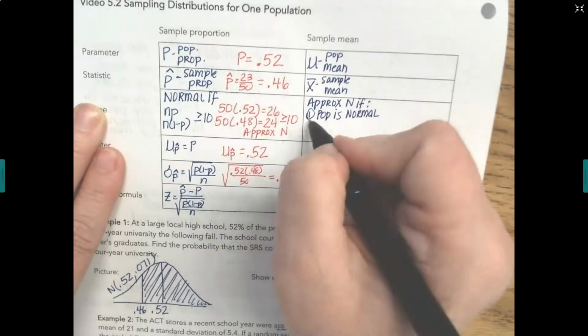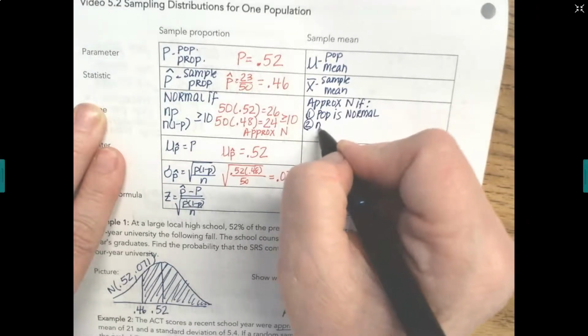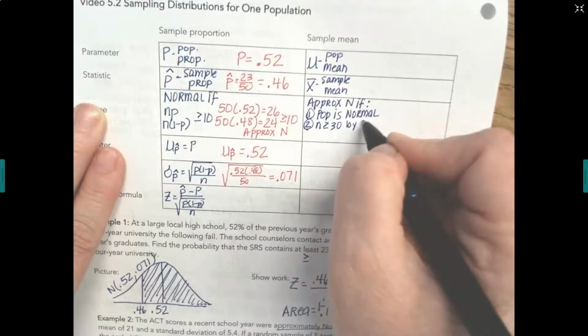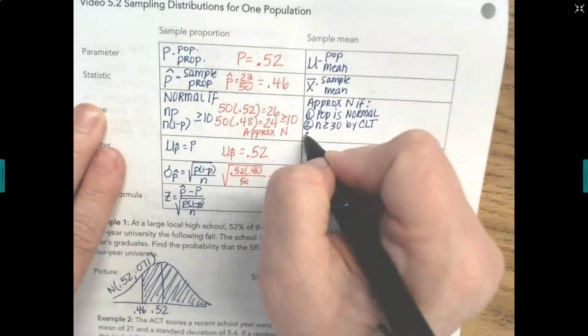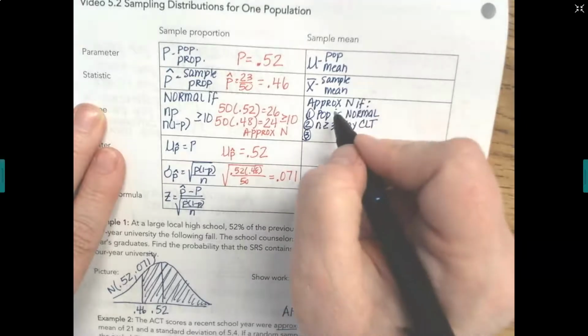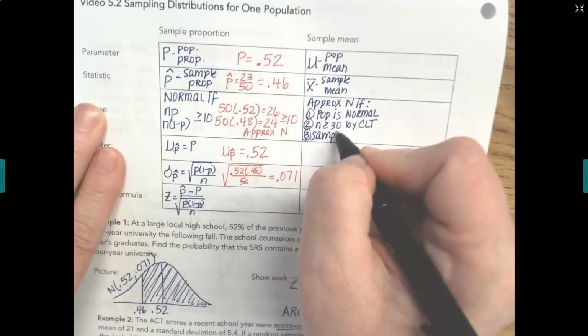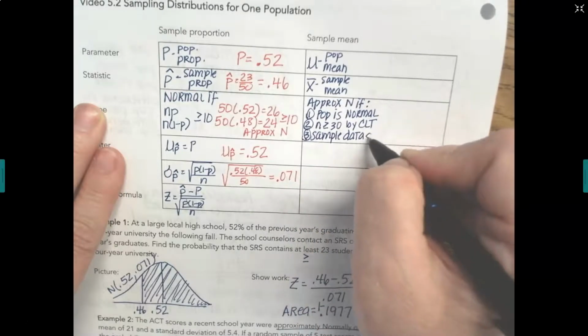If you don't know the answer to that, the second thing you're going to check for is your sample size greater than or equal to 30, and that will give you normality by the central limit theorem. And if you don't have that, the third thing that you should have available for you is your sample data. Shows no strong skew or outliers.